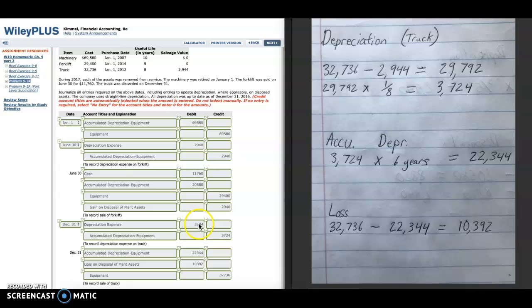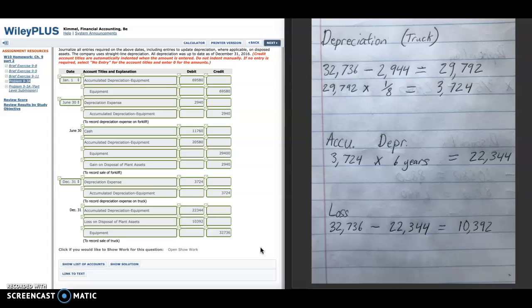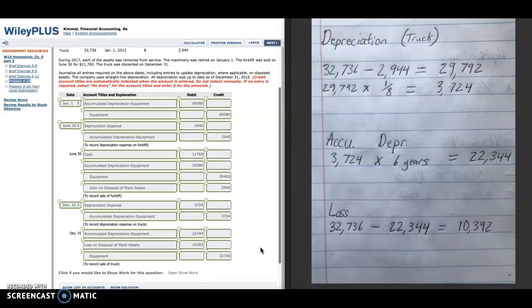We just put in the $3,724 for our depreciation expense, and then credit our accumulated depreciation of equipment by the same amount. Then we also discarded it. So in this case, we didn't even sell it, so there's no money to be made back or anything like that. So we're going to first debit the accumulated depreciation of equipment.